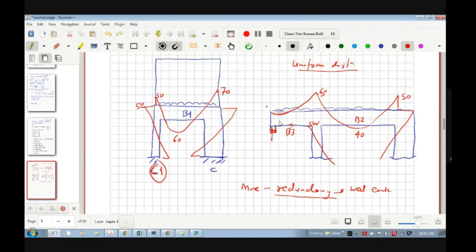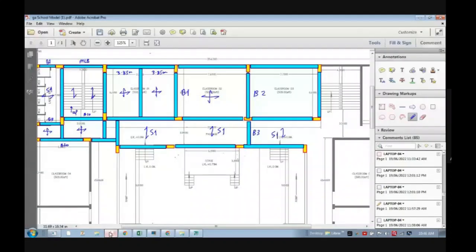So I would say this is a good choice from structural point of view, because the moments are getting reduced and they are transferred uniformly in different members. So that is the, we can say, choice. I'm not saying it is the only choice. And then this beam will help. It will reduce the moment in this column, and it will also reduce the bending moment of the beams B2 and this column also.